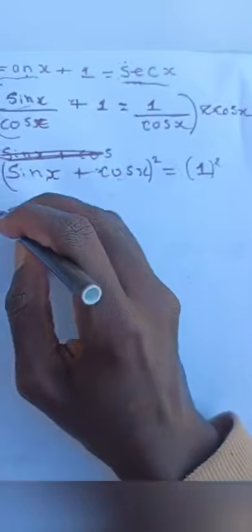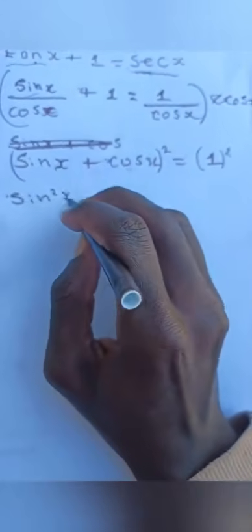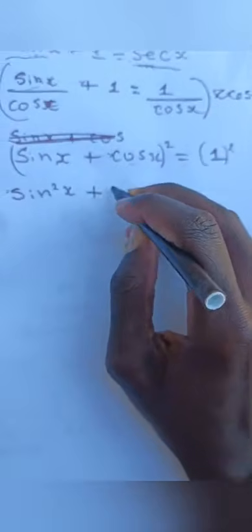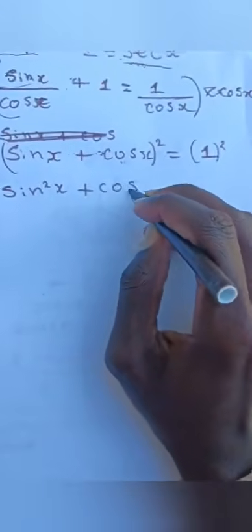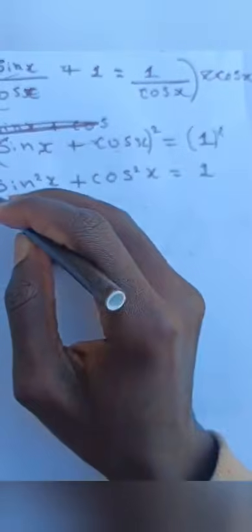So when you raise both sides to the power of 2 and expand this, you're going to have sine power 2 x plus cos power 2 x is equal to 1.